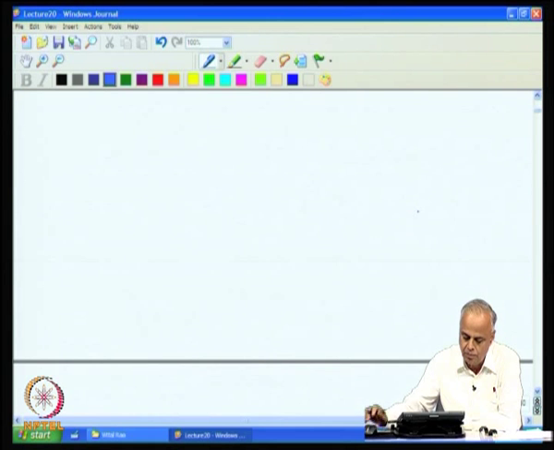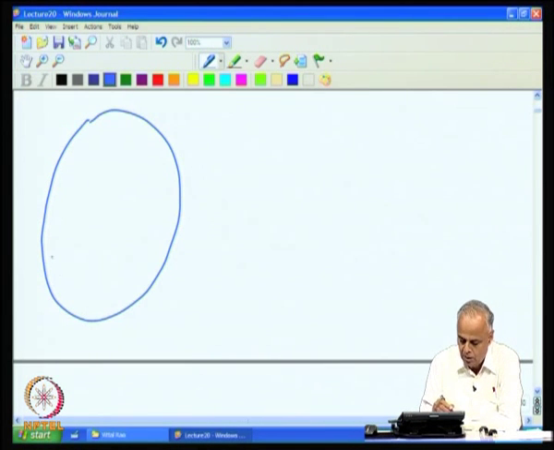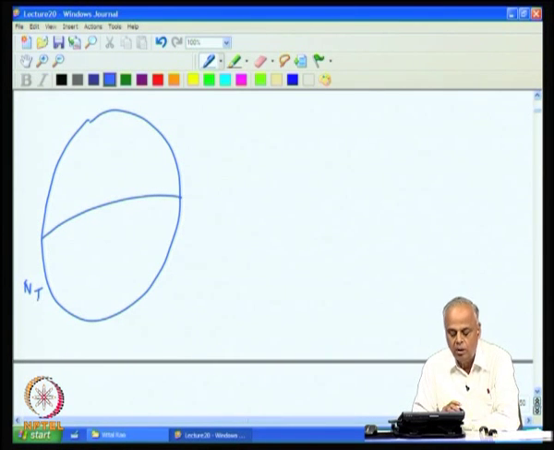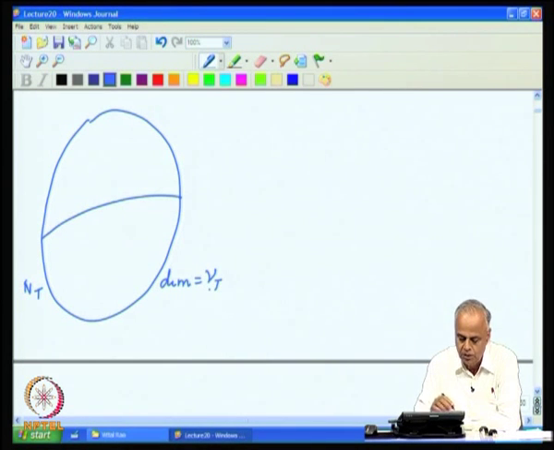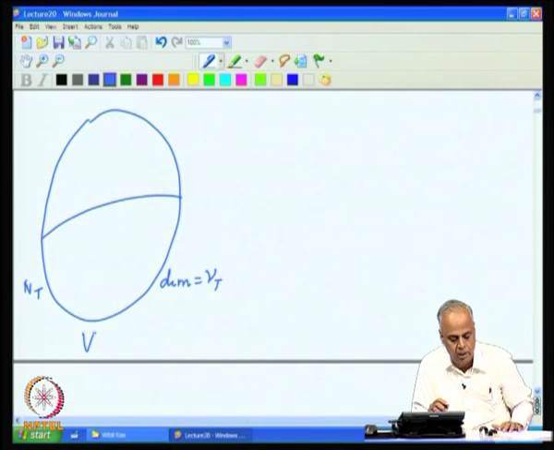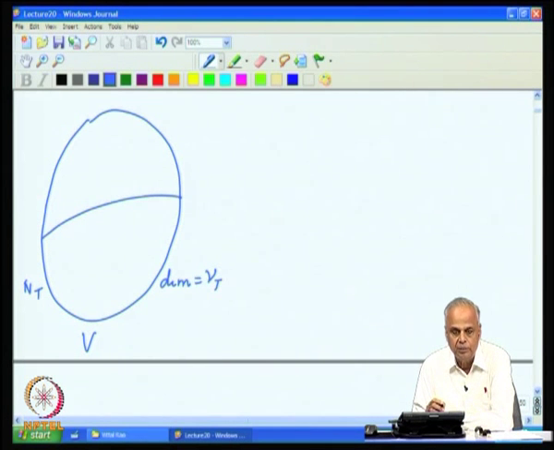Now, let us look again at this space V. In this space V is what we marked off a portion called the null space of T, a subspace of V, and its dimension was nu of T.